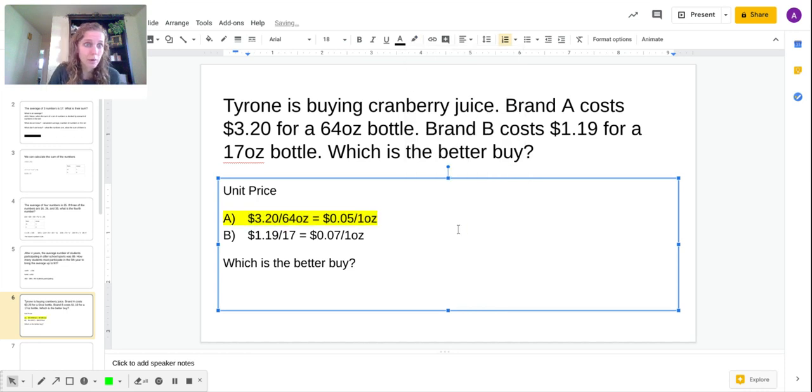So we would want to buy that, because that means we get the same amount for 2 cents less than the other brand. So our 64-ounce bottle is going to cost us less than if we tried to buy 64 ounces of the other brand. It's going to cost us 2 cents less per ounce. So brand A is the better buy.